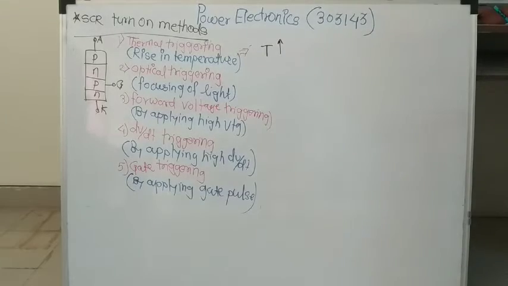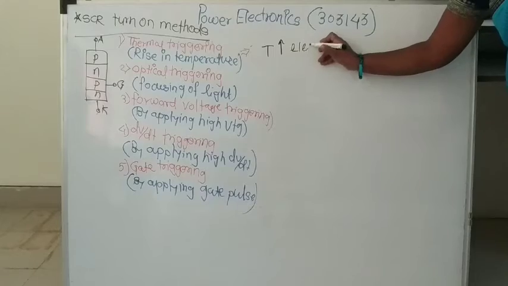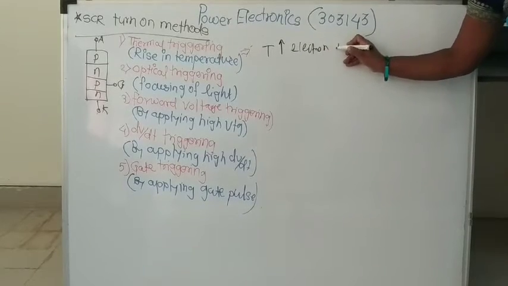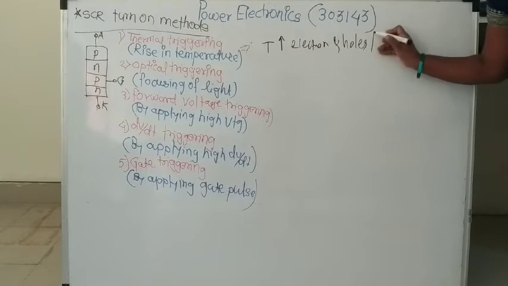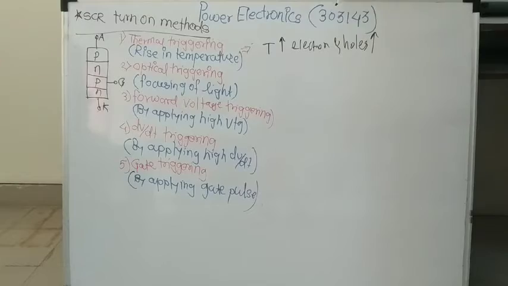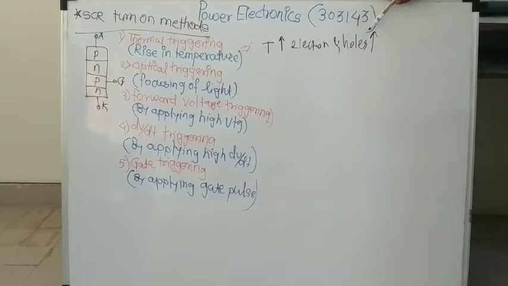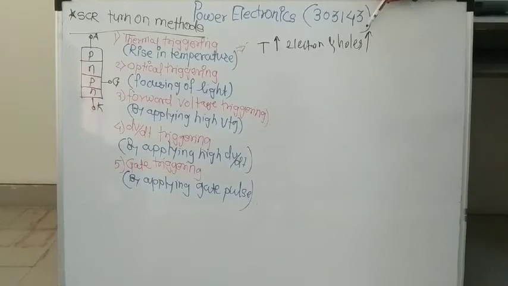When we increase the temperature, at that time electron and hole pairs also increase. Because when we increase the temperature, at that time movement of electrons and holes increases. Means when temperature increases, electron hole pairs increase.